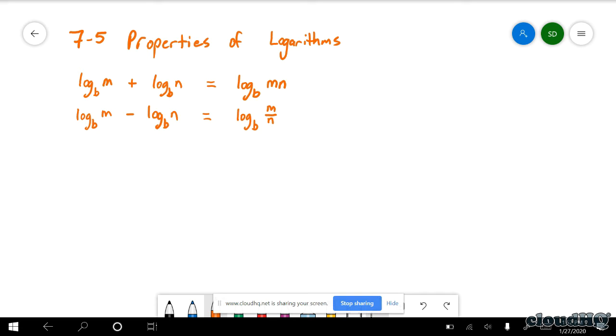And then the third property, we start with just a single log, but we give it a coefficient. So if we took n times log base b of m, so that n kind of acts like a coefficient there, we can write that as a single log, but without a coefficient.